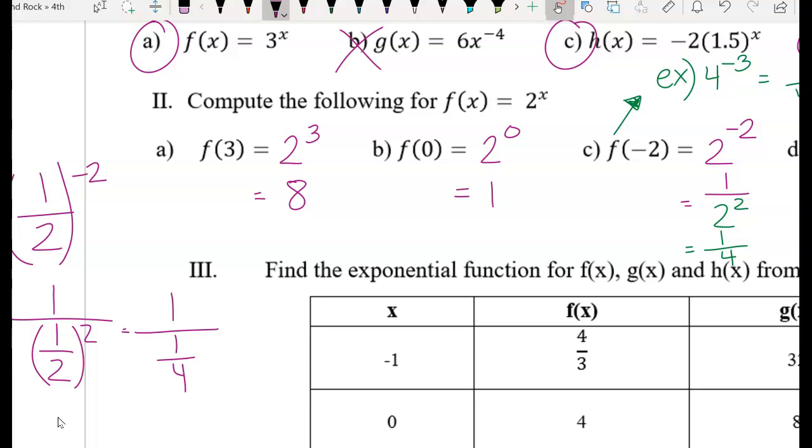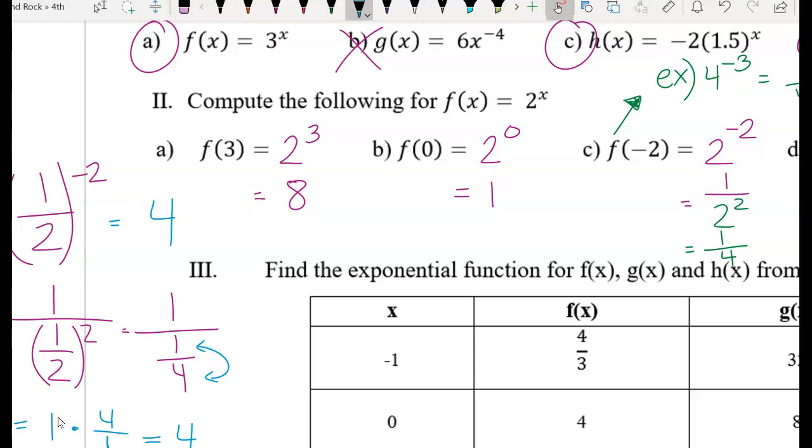No. How do we get rid of the fraction in the fraction? There it is. We multiply the numerator by the reciprocal of the denominator. And what does 1 times 4 over 1 become? 4. So this whole thing, 1/2 raised to the power of negative 2, is 4.